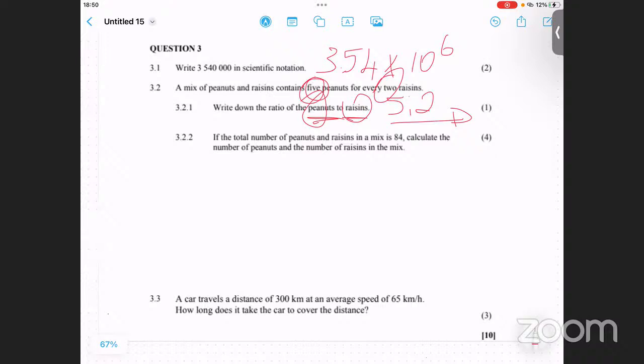They say if the total number of peanuts and raisins in a mix is 84, calculate the number of peanuts and the number of raisins. If the total, how are we going to calculate for this, Busisiwe?